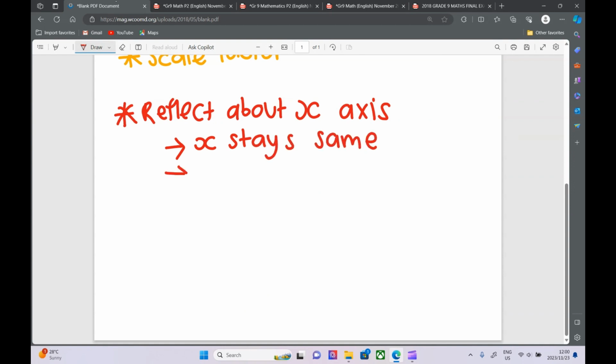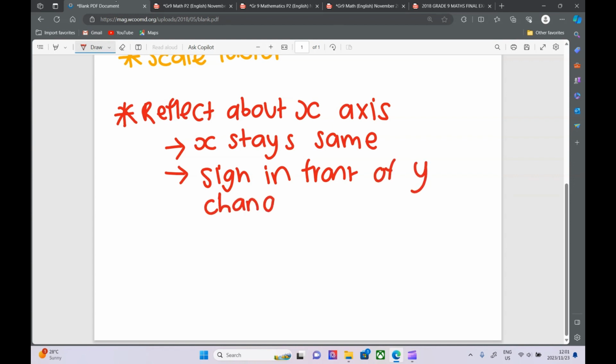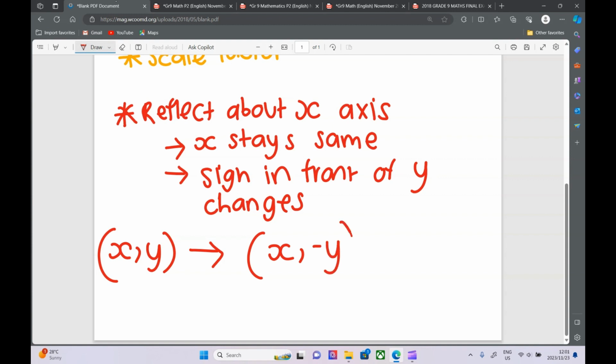It's actually just the sign in front of the y that changes. So you'll sometimes see it written like this. You'll have x and y, and then when you get the image of it, x stays the same and you get minus y. So that is how you would show a reflection.